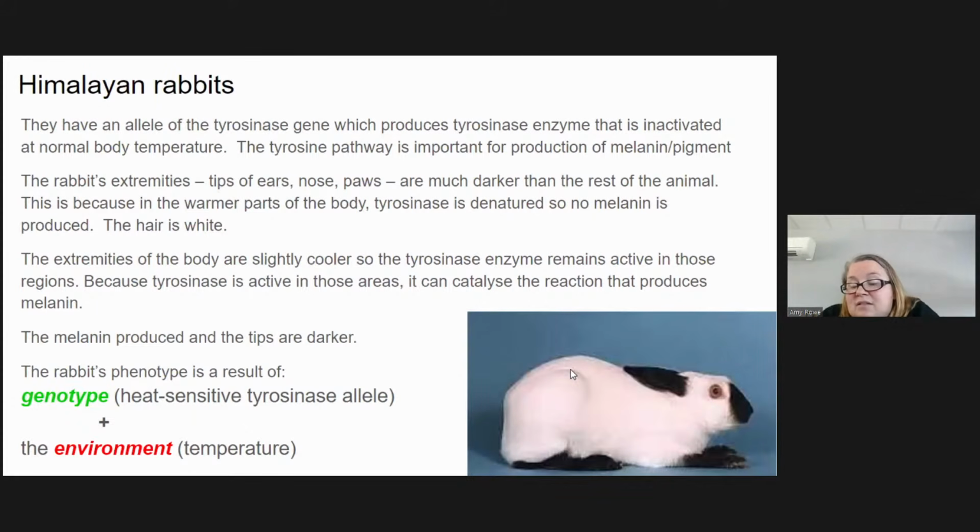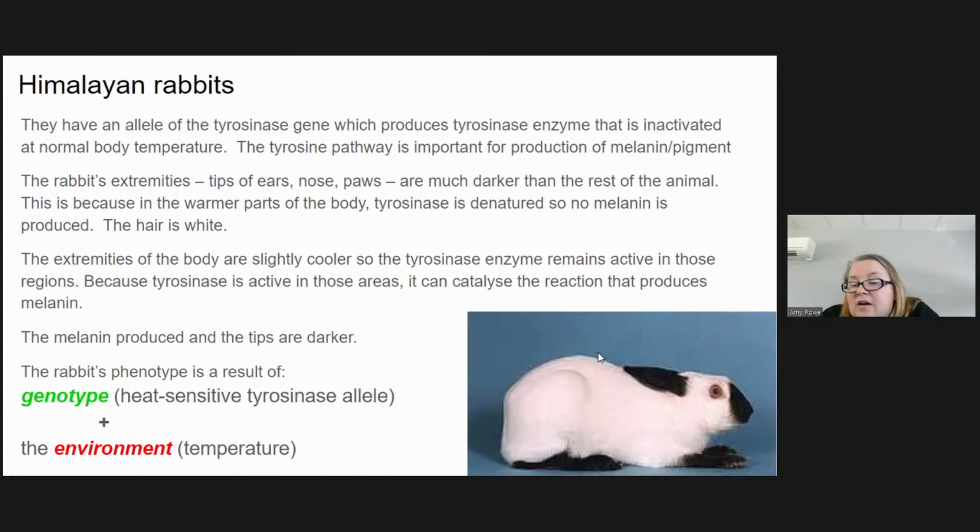They left that cold pack there for a length of time until the fur grew back, and they were able to show that in that area of the rabbit where they had strapped the cold pack, the fur had gone brown. This is because that part of the rabbit where the cold pack was, was slightly cooler.